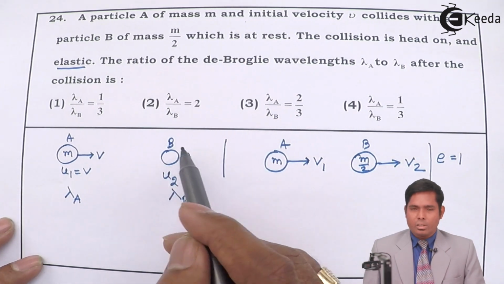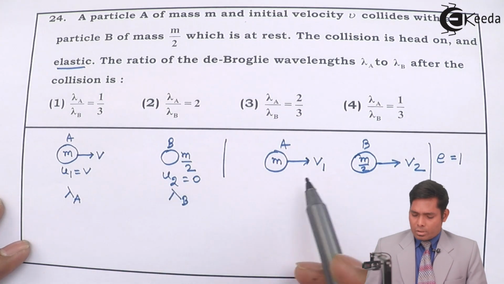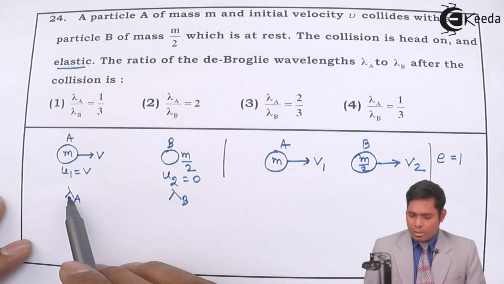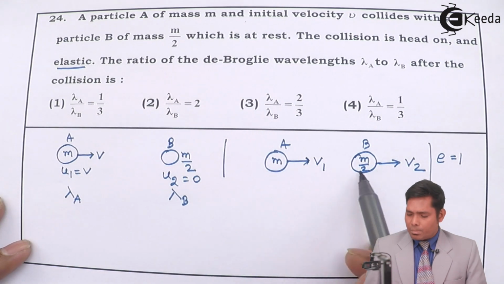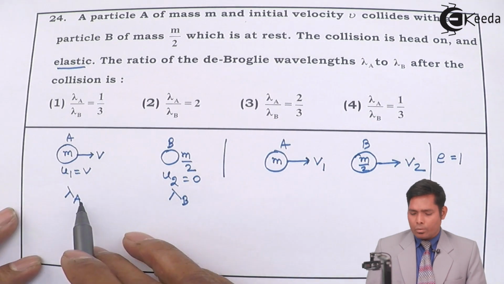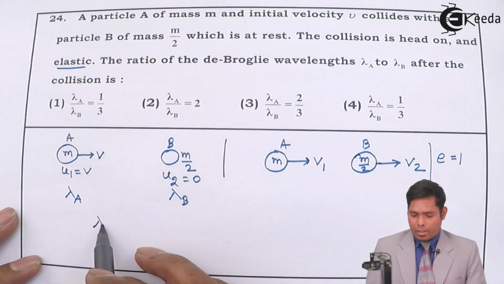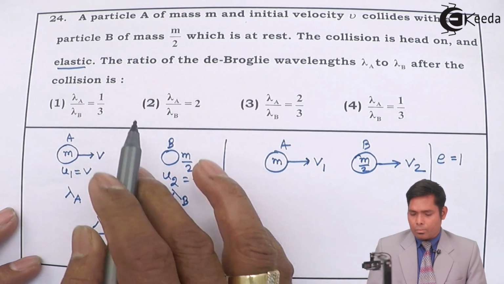Before the collision, the second particle doesn't have any wavelength because it's at rest. So after the collision, suppose the wavelength of this mass is lambda A and the wavelength of that mass is lambda B according to de Broglie. Then you have to find the ratio of lambda A by lambda B. So our aim is to find lambda A divided by lambda B, and we have 4 options.